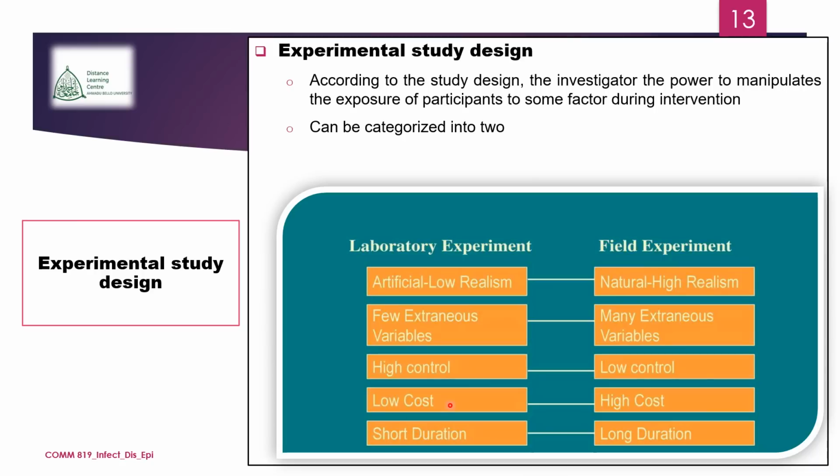If you're going into molecular study, you need to look at the genome, and a lab experiment can be very expensive, but generally they are of low cost. In comparison, field experiments are high cost. You need the cost of traveling, cost of employing ad hoc staff. You understand? So they operate at high cost.